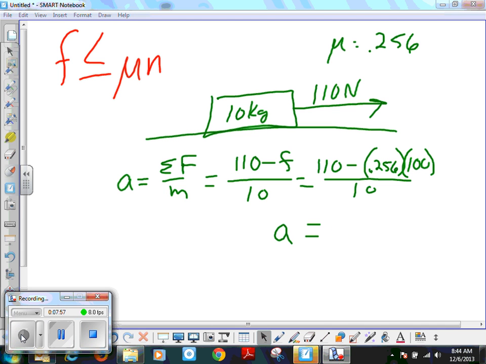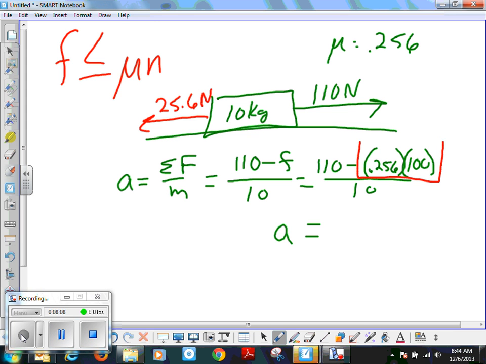Okay, so we can tell that friction is 25.6 in this direction, opposing that motion. Okay, and it's the coefficient times the normal.